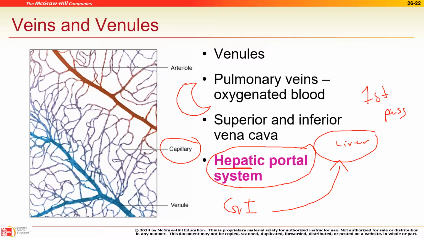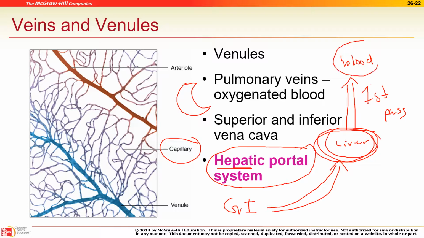So when you eat something or take a medication, it doesn't go directly into your bloodstream. Your GI absorbs it, sends it to the liver. The liver might change it before it sends it out to the blood. So it's kind of like a safety mechanism. If we ingest any toxins or poison, our liver can actually save us before it gets into the blood.